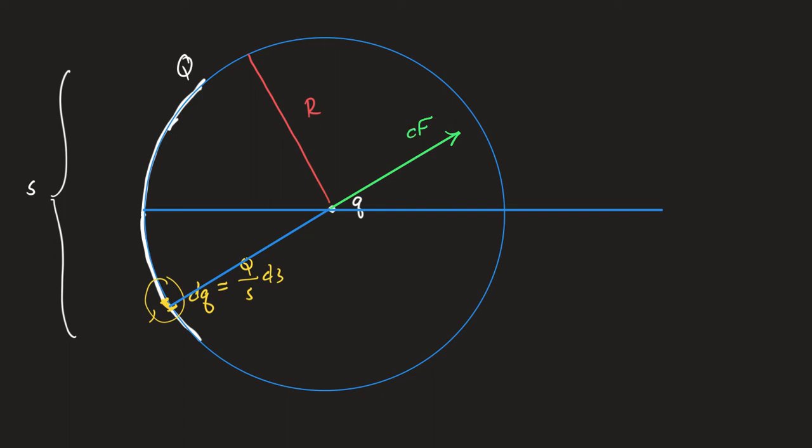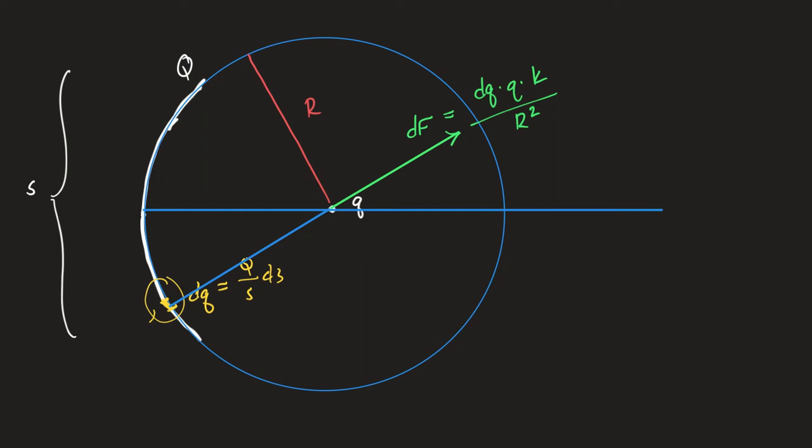And the amount of this small contribution to the force would be equal to dq times q times k over r squared. Would that have to be true? Yep.